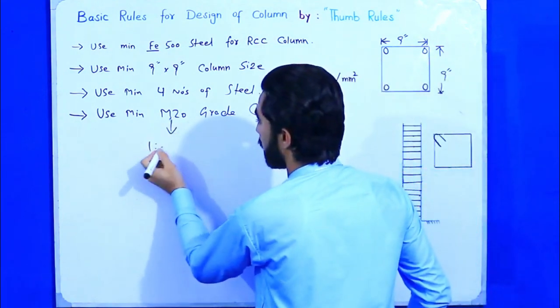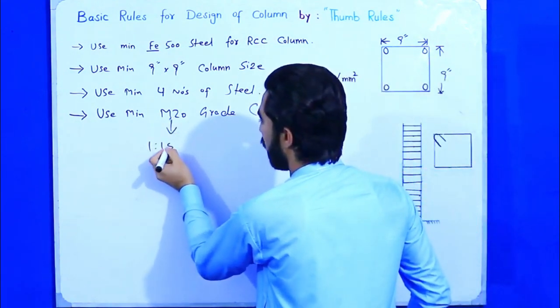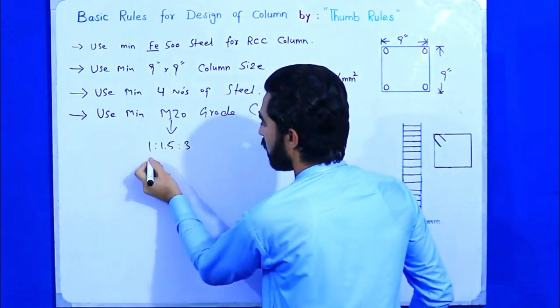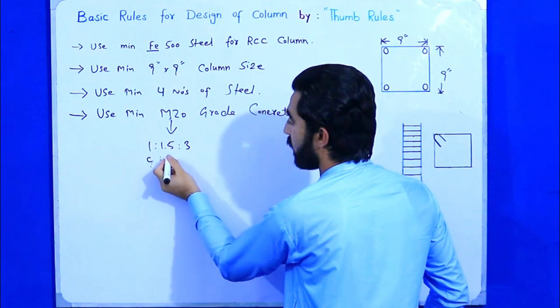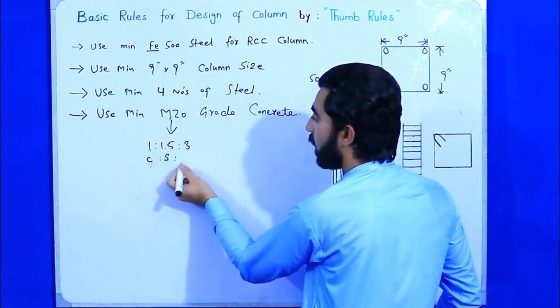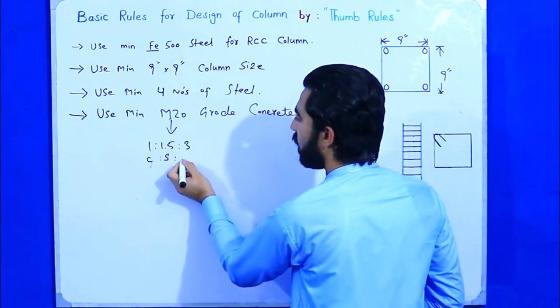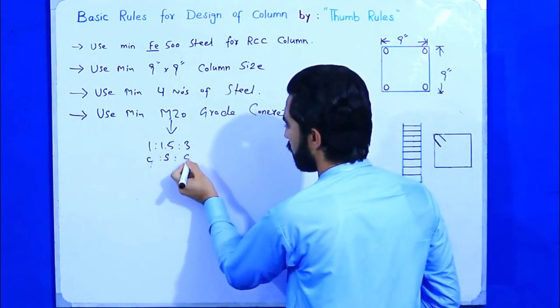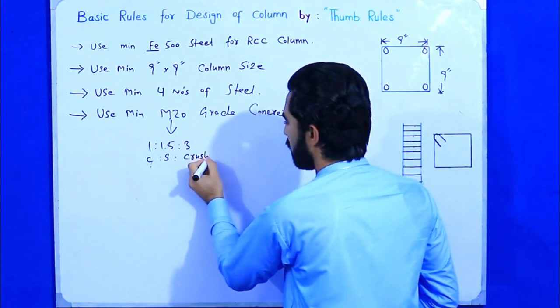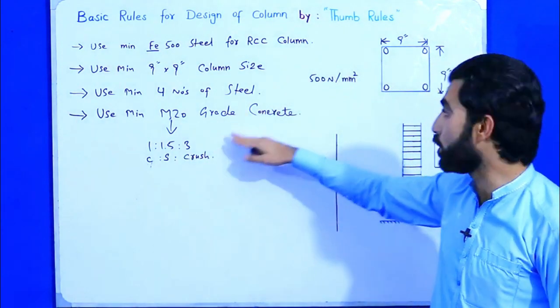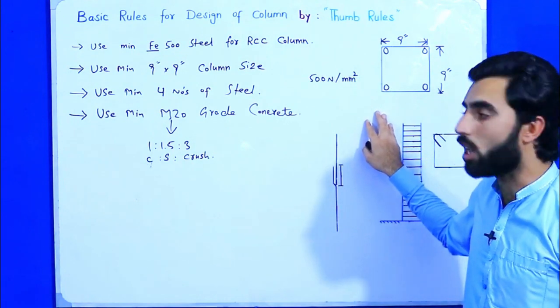The ratio of M20 grade concrete is 1:1.5:3, where 1 is cement, 1.5 is sand, and sand is fine aggregate, and 3 is coarse aggregate or crush, you can see. This is the minimum M20 grade concrete that should be used in RCC column.